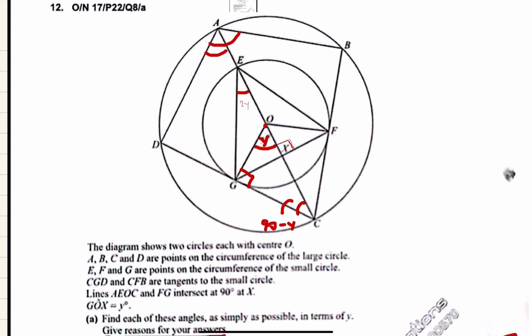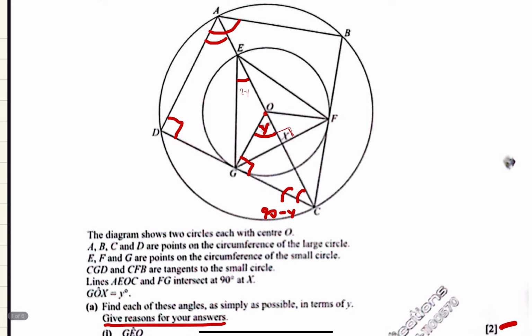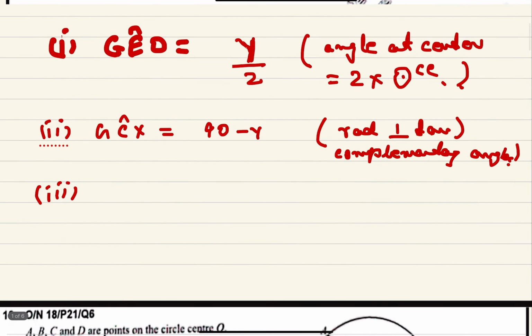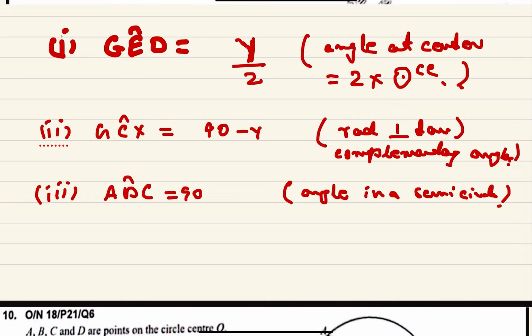If you look at this angle D, because this AC is the diameter, then this should be subtended by the 90 degree angle, right? Right angle in a semicircle. So you write ADC equals 90 degrees, and the reason for it is angle in a semicircle, right?